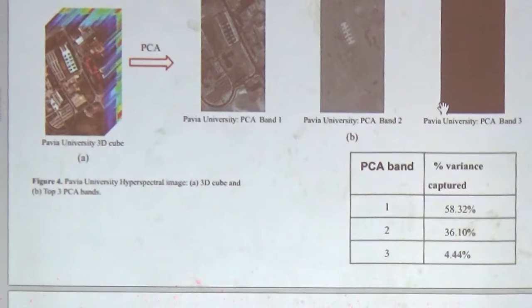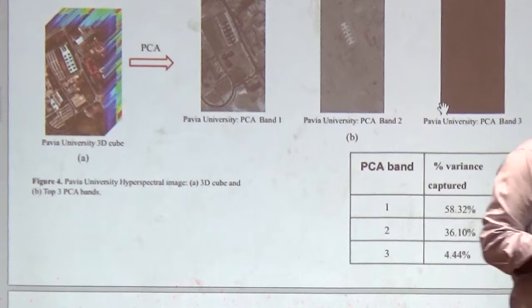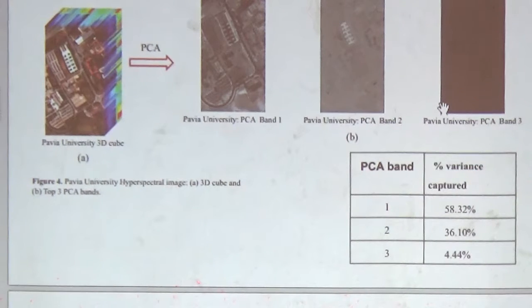So I have this: from A, I can reconstruct X. Now I am telling you to keep only 3 rows in A, not more than that, only 3 eigenvectors. Then what is the error that you incur?